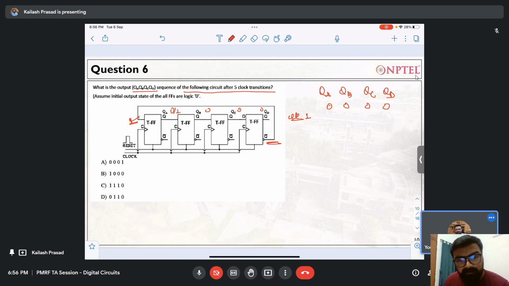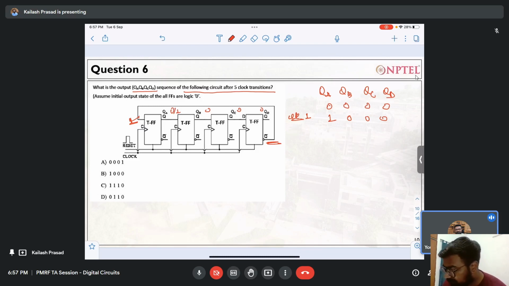As soon as this goes to 1, in the next clock cycle this node becomes 1, so QA becomes 1. The other nodes will remain at 0 0 0.